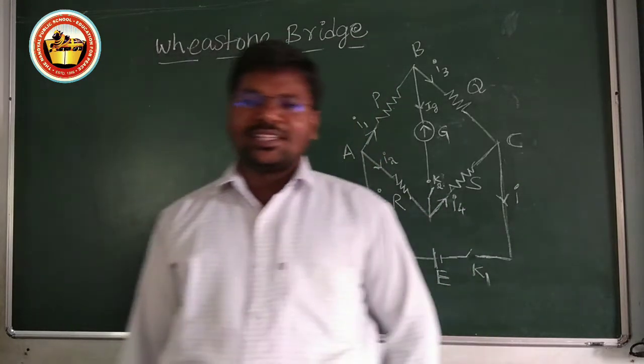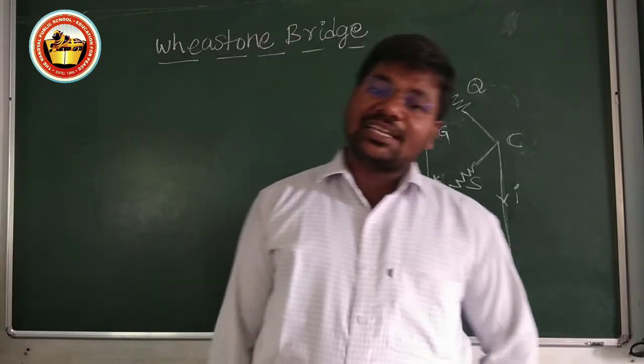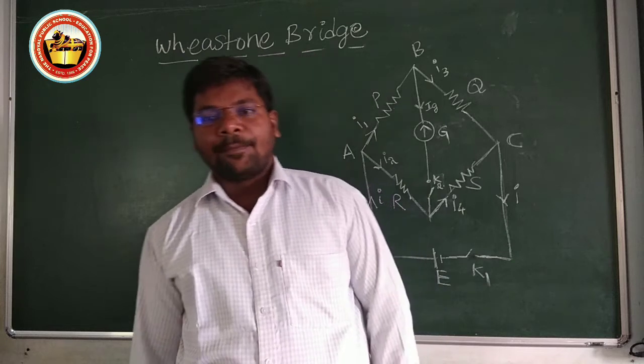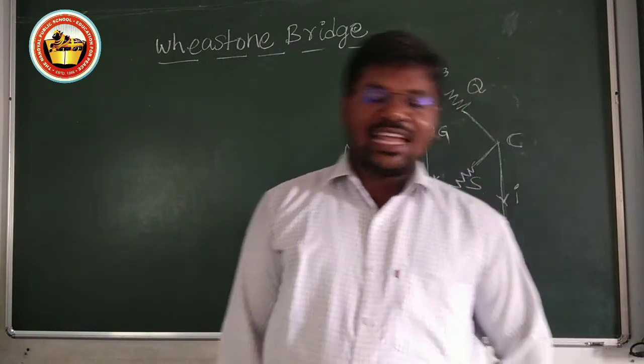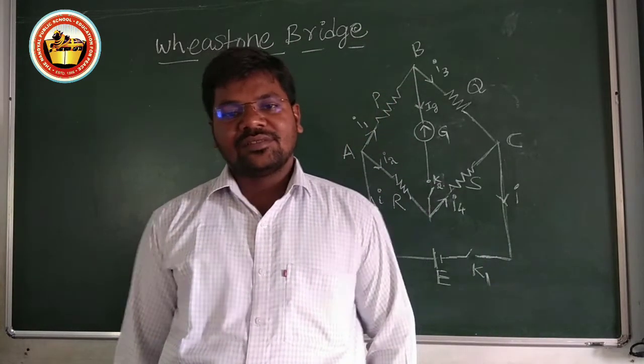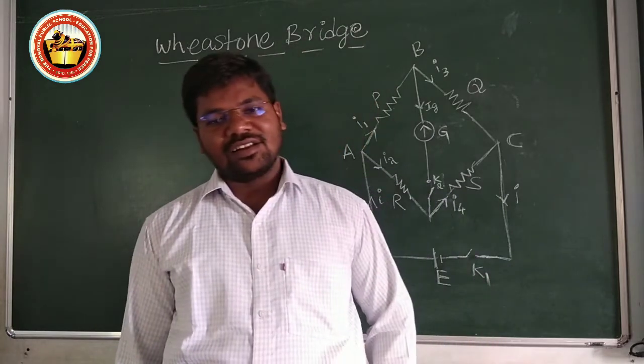The galvanometer G and a tapping key are connected between points B and D. The cell and one-way key are connected as shown in the figure.